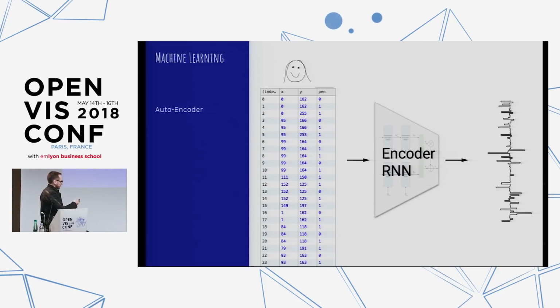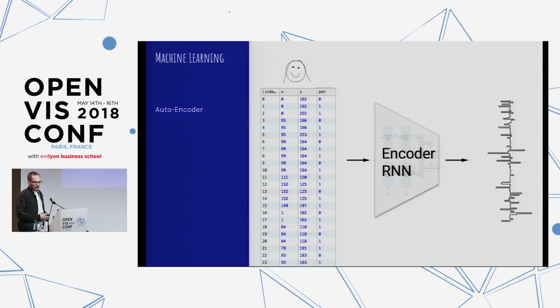So here on the left, we have our drawing, and we represent it in the normal way, as a sequence of x, y coordinates, as well as whether the pen is up or down, and that's kind of how the game works. Then we feed that data through this encoder neural network, which spits out this list of numbers, the encoded data.